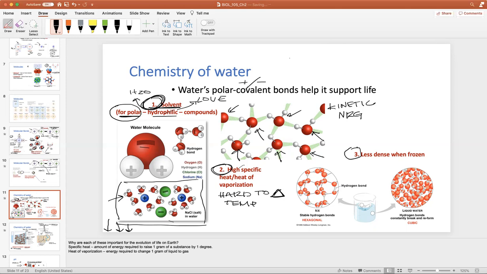The third thing that I want you to know about water is that because of its polar characteristics, it is less dense when frozen. Now let's think about that for a second. You guys know that when things are cold, they tend to contract, right? And again, remember that temperature is a measure of the kinetic energy of a solution or gas or whatever.